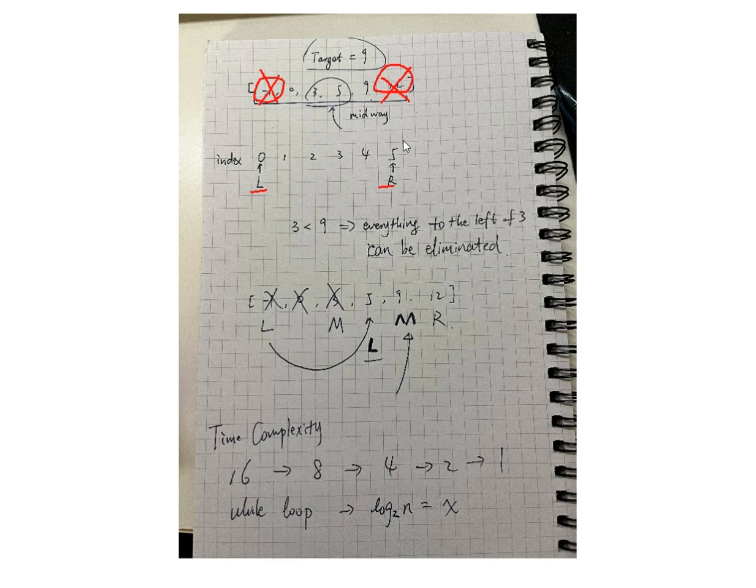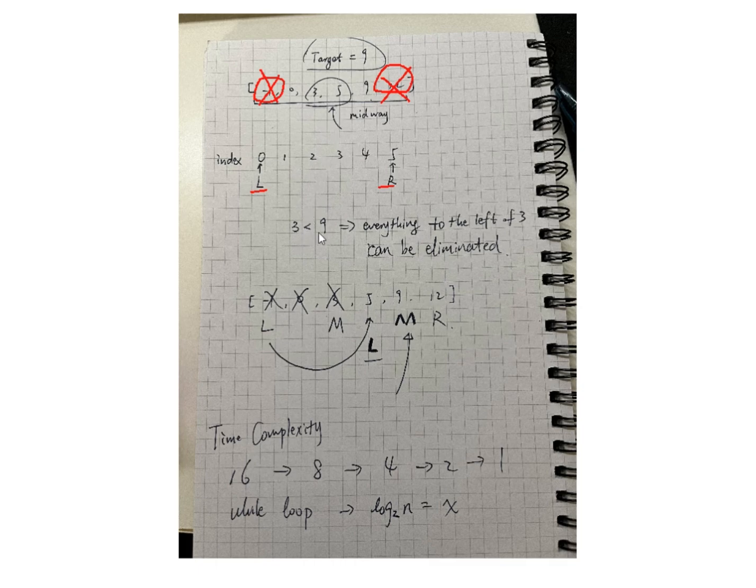What if we consider the midway element? Will we just eliminate one element if the midway is not equal to the target? No, right? Because we know that the array is sorted. When we consider the midway element, we should further ask, is it smaller than the target, or is it larger than the target? In this case, this is 3.